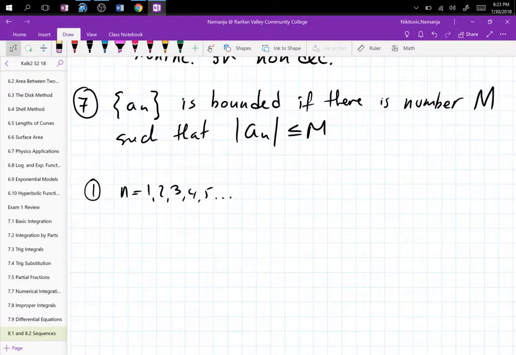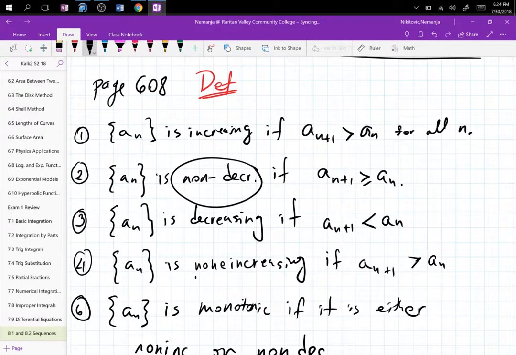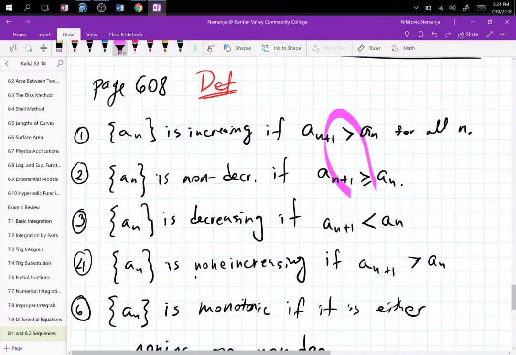Now the next one is number 2. Number 2 says clearly non-decreasing. Well, if it's non-decreasing, then it must be, what's opposite? Increasing. Good. But look what is the difference between them.